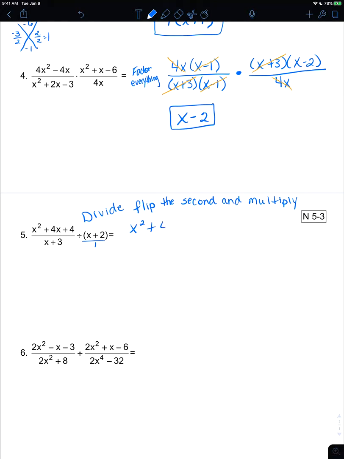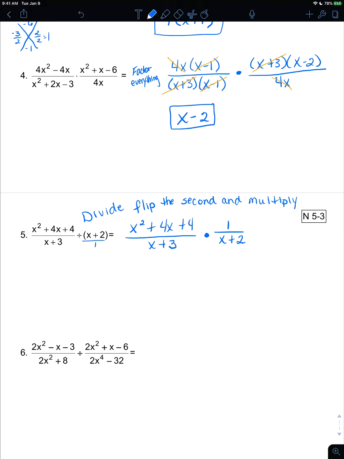X squared plus 4x plus 4 all over x plus 3. Then we're going to flip that second one and turn it into a multiplication problem. So that becomes 1 over x plus 2. Okay, so all I did was flip the second one and turn it into a multiplication problem. Well, now we know how to multiply.